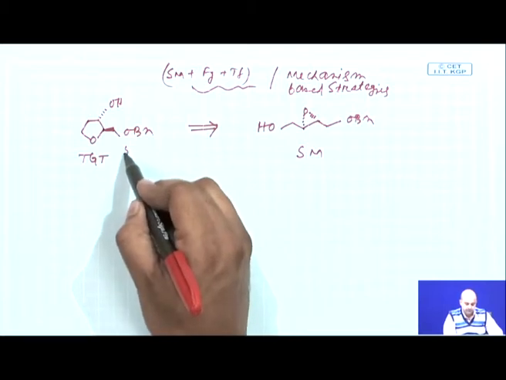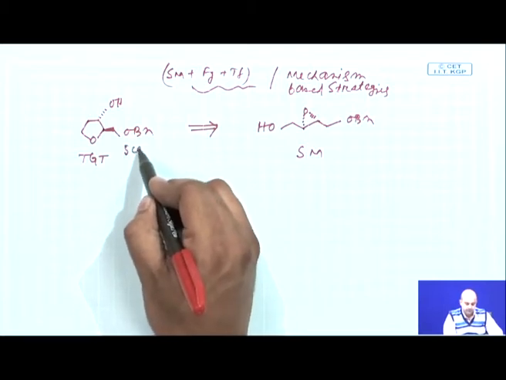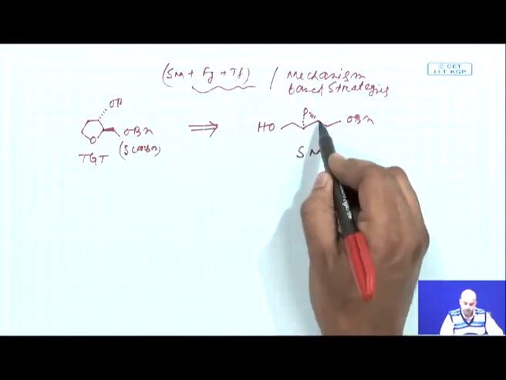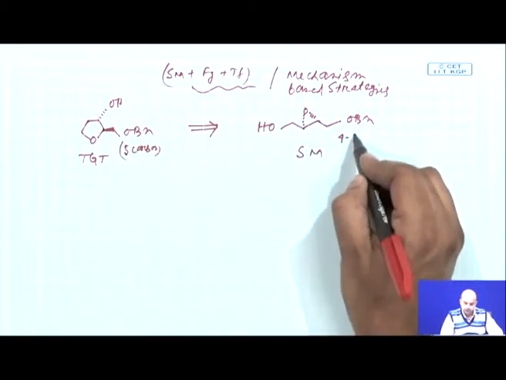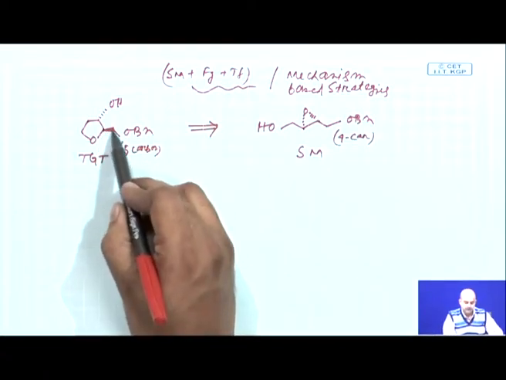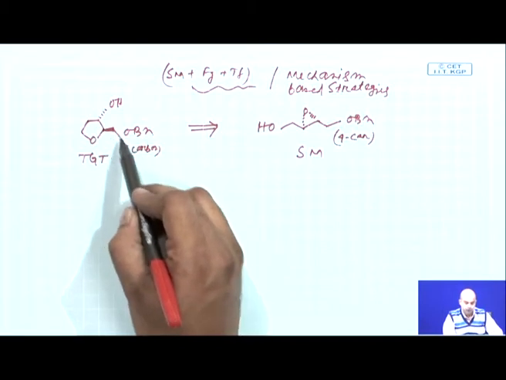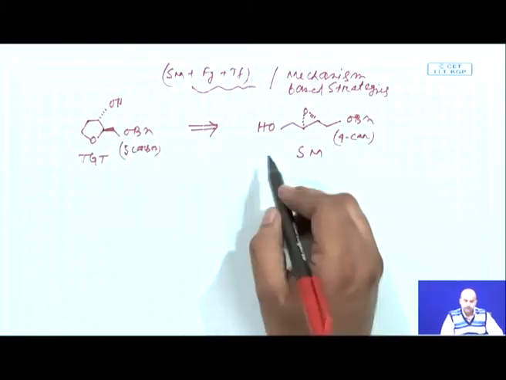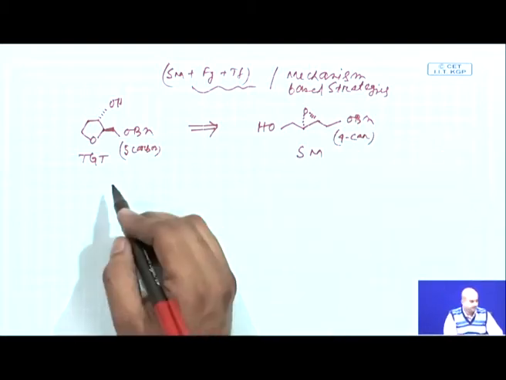So, this is basically 5 carbon and this part is 1, 2, 3, 4. So, the tetrahydrofuran, though it is 4 carbon, has a benzyl appendage with CH2OBn. This CH2 initially we did not count, so basically you need to add 1 carbon extra.